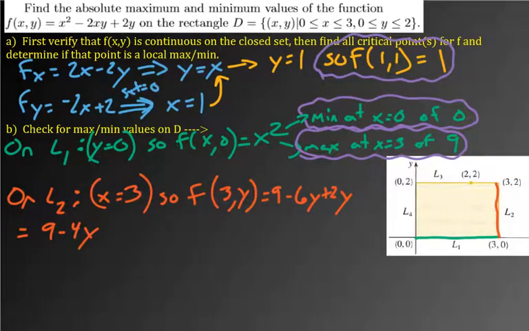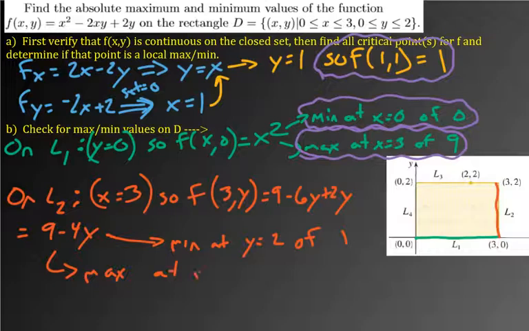And if you take away 4 times 2, then it'll have its min value. So here we're basically getting a min at y equals 2 of 1, right? 9 minus 8, yes, 1. And then you're going to get a max at y equals 0 of 9, okay?